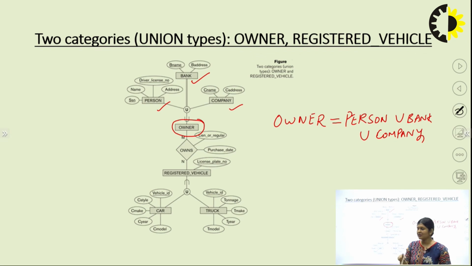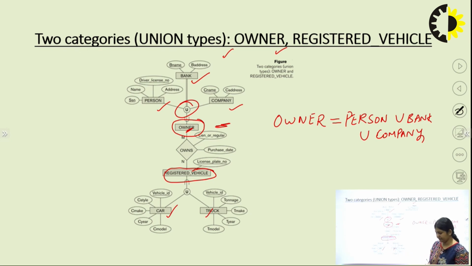Here it's not necessary that owner would be the member of all. It would be the member of any of these. So this is called the union type. So here owner has a union type shown using U. Then they own a registered vehicle, which is further categorized into car and truck.